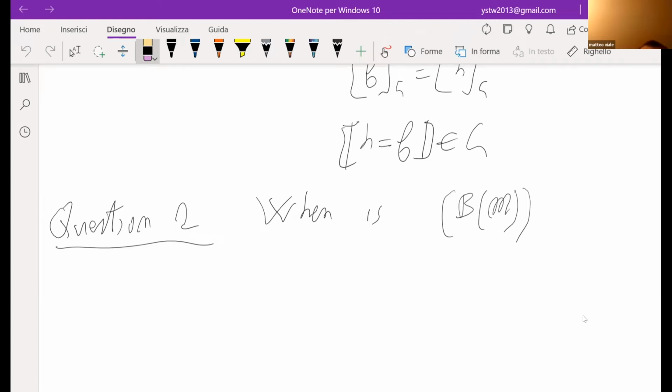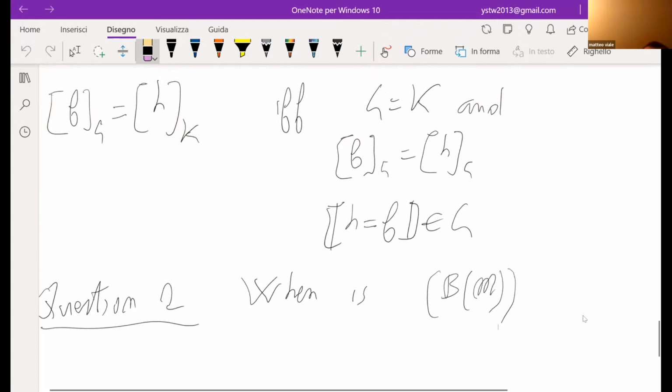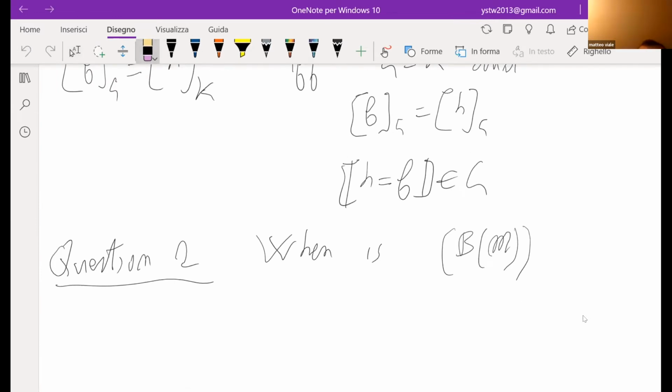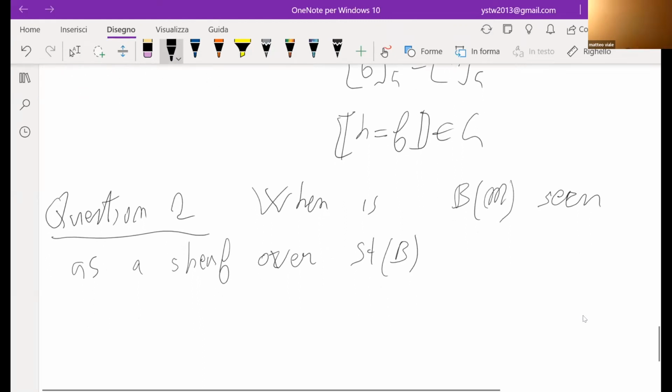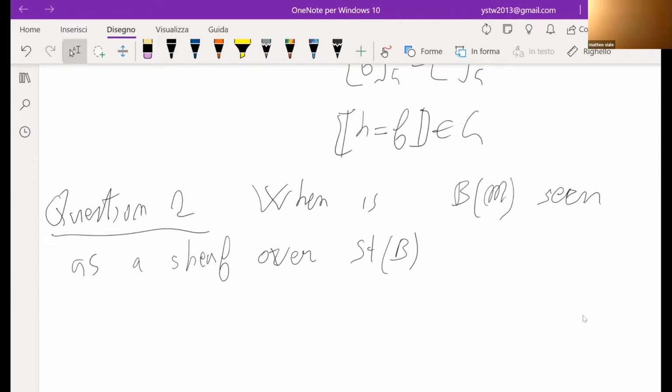Well, the bundle, let's say, here I have to be sloppy, apologies, B of M seen as a sheaf over the stone space of B. So I consider the pre-sheaf of local sections over B of M mapped to M. So I have that.